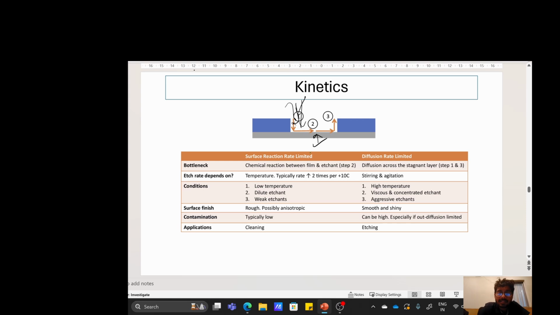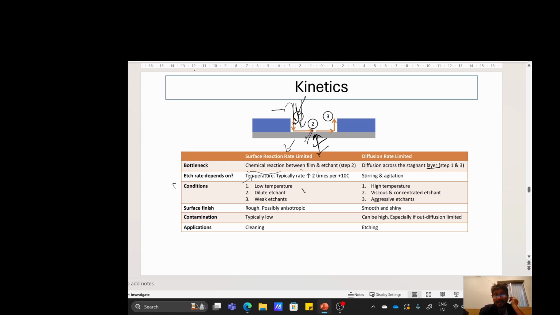So in the surface reaction rate limited case, the reaction is too slow. That is, the chemical reaction between the film and the etchant is very slow. In the other case, the diffusion across the stagnant layer is very slow. That is the bottleneck: either the diffusion is the bottleneck, or the reaction is the bottleneck. And the etch rate, if it is reaction rate limited, depends on the temperature.